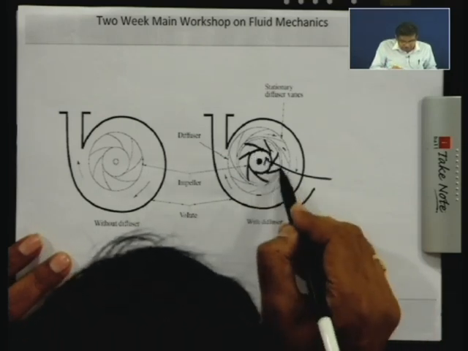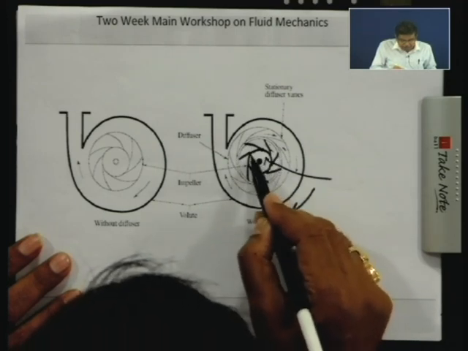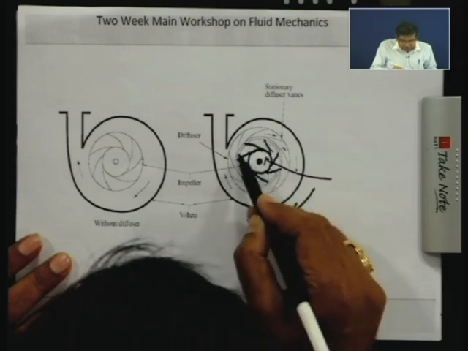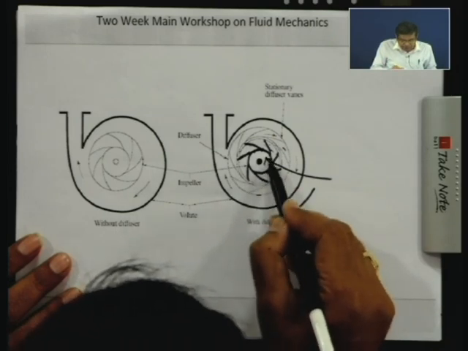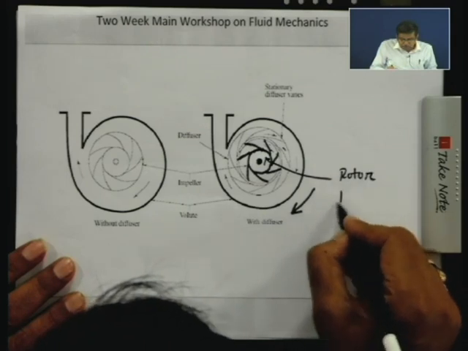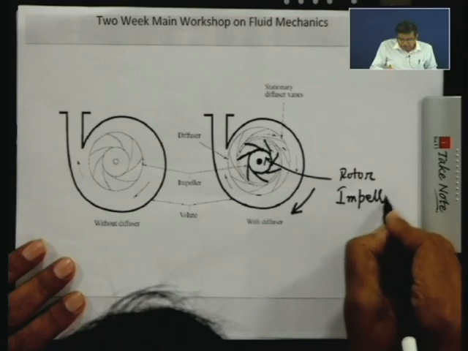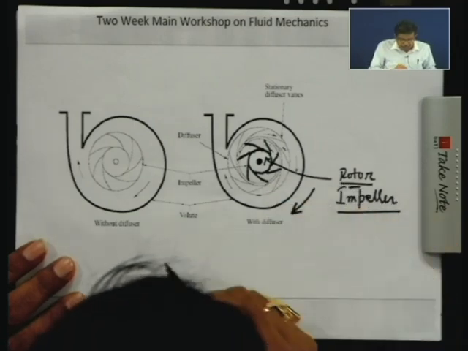This part is rotated, and this is the rotor of the pump. On this disc the vanes or blades are attached, and there is a ring. So the inner part is the rotating part, which is the rotor of the pump and is known as the impeller.